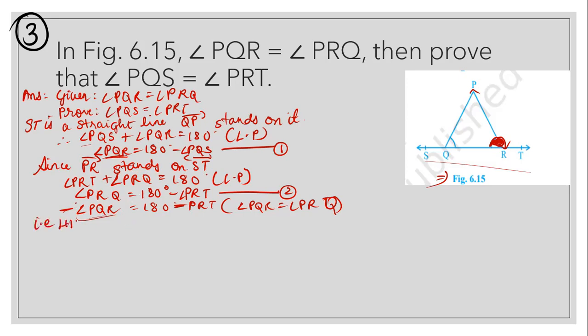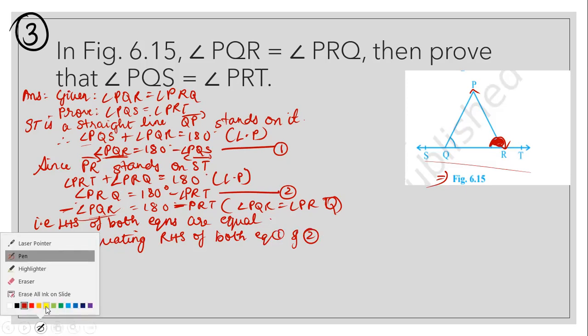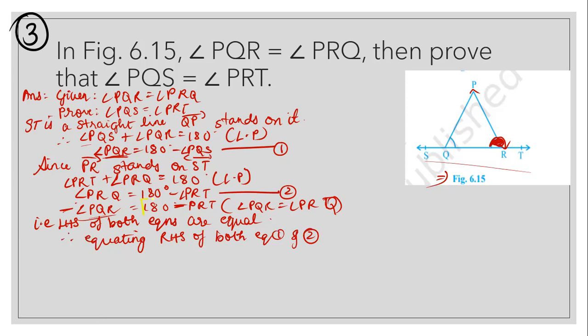Okay, so what does this mean? That means that the LHS of both equations are equal, can I say? Yes. So now, therefore, equating RHS of both equation 1 and 2, what do we have? That is, I'm equating this part and I'm equating this part.